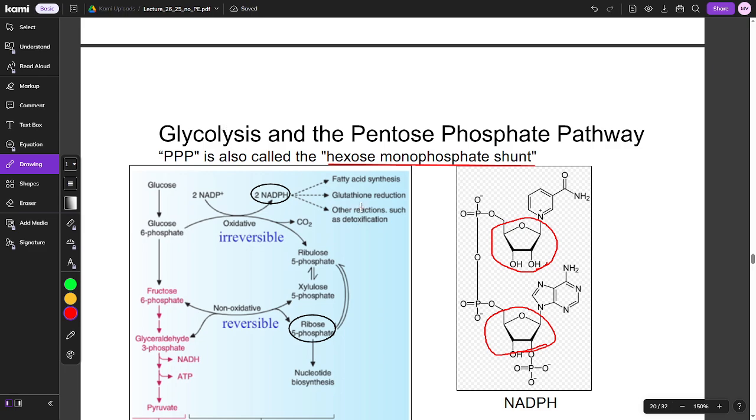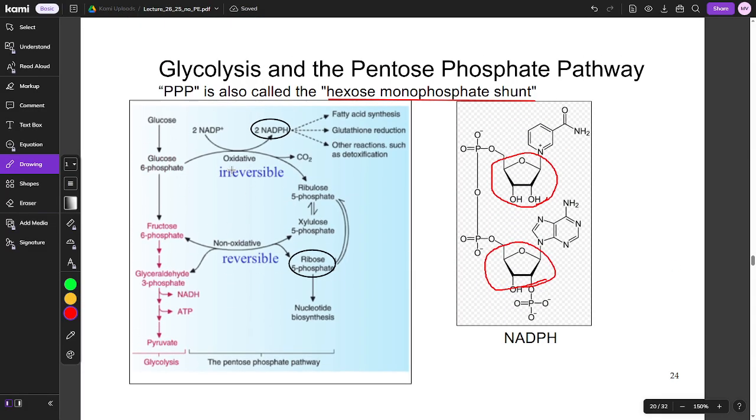Okay, so when it comes to the pentose phosphate pathway, we have two main pathways. We have the oxidative pathway and the non-oxidative pathway. The oxidative pathway is irreversible, and the non-oxidative pathway is reversible. Cool. And you should be able to look at this and say, this is irreversible because we are releasing CO2. Once you release CO2 as a gas, you are not getting it back.